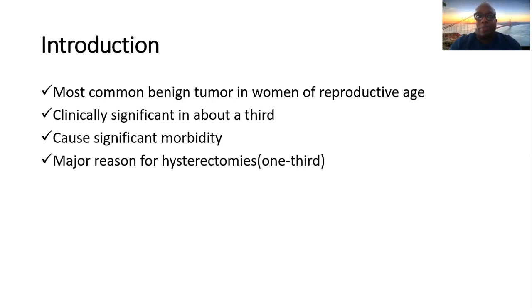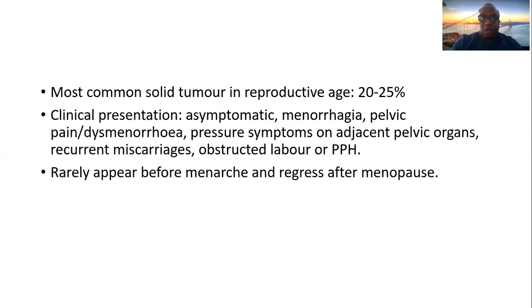And we know that the reproductive age is from 14 years to 49 years. These growths are also clinically significant in about a third of the women. They cause significant morbidity and are also a major reason for hysterectomies. That's the removal of the uterus.